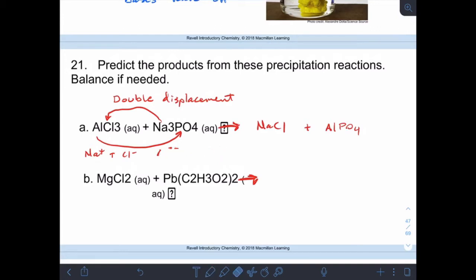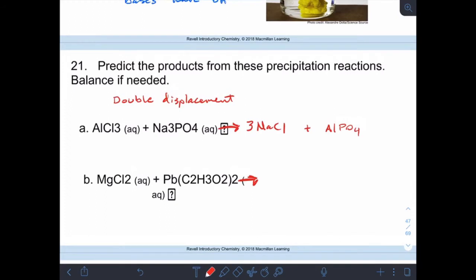Okay, then we balance. Right, let me take this stuff out of the way here. So I've got 3 sodiums on the left, so I need 3 sodiums on the right. And that gives me 3 chlorines on the right, and I already have 3 chlorines on the left.